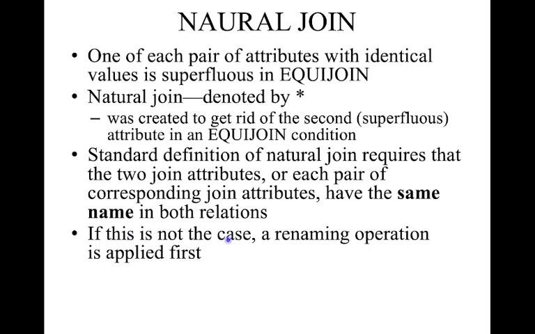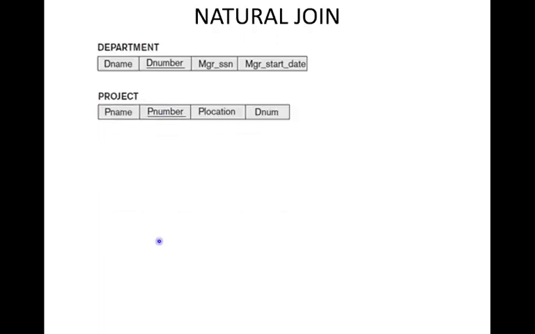If the joining attributes do not have the same name, we have to perform the rename operation first. You will see an example, then you will understand. We will try to join department and project. We have Dnumber here and Dnum here.